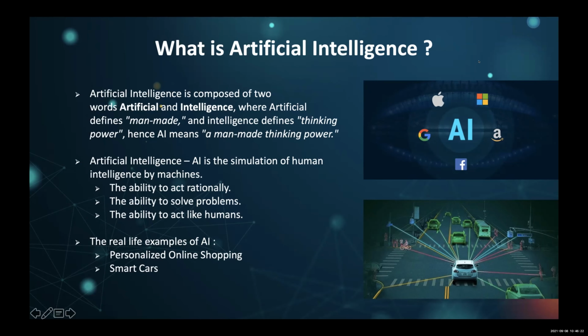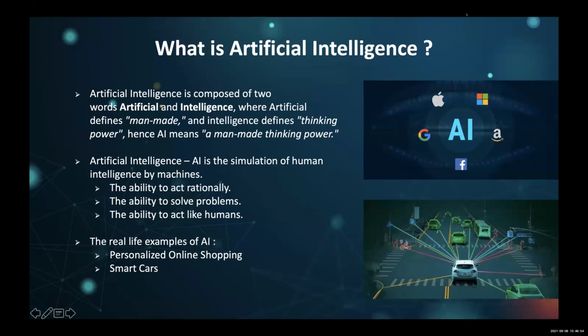In artificial intelligence, we give machines the brain to think like a human. It is a simulation of human intelligence by machines or by robots. When I say simulation of human intelligence, I mean the machines can act rationally, can solve problems like human beings, and in fact can depict the natures of human beings.